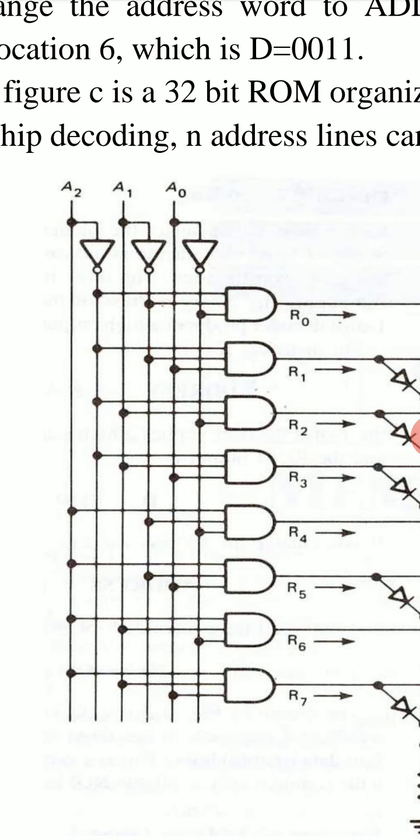If we have only 2 pins, A1 and A0, then we will have 2 to the power 2 registers, that is 4 registers. If we have n lines, then we will have 2 to the power n registers.